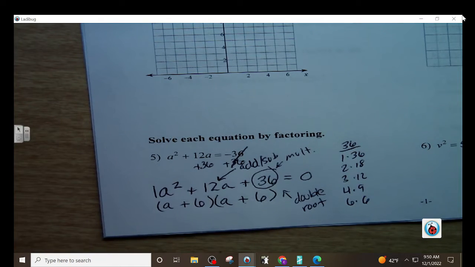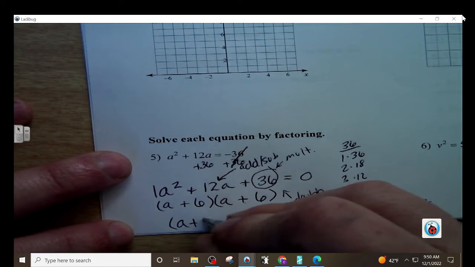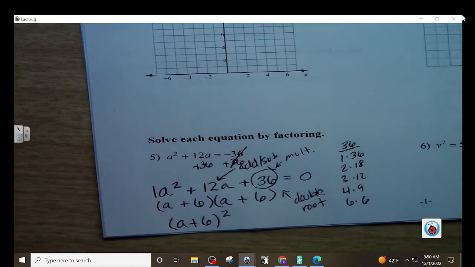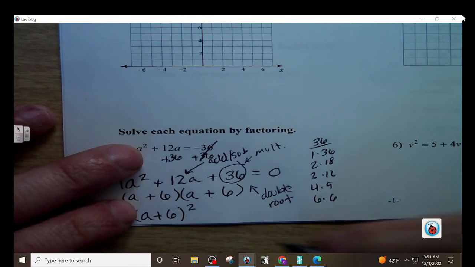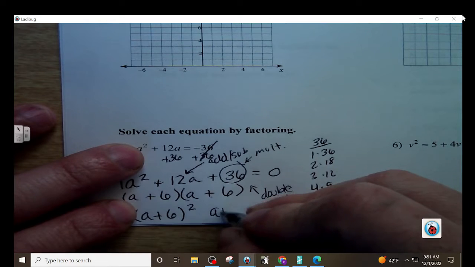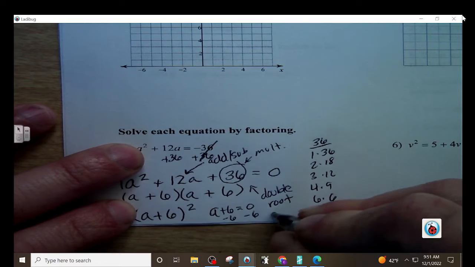And I think Madeline said you can write it as this, because A plus 6 times A plus 6 is the same as A plus 6 squared. Okay? But guys, if I set this equal to 0, how many different roots am I going to have?